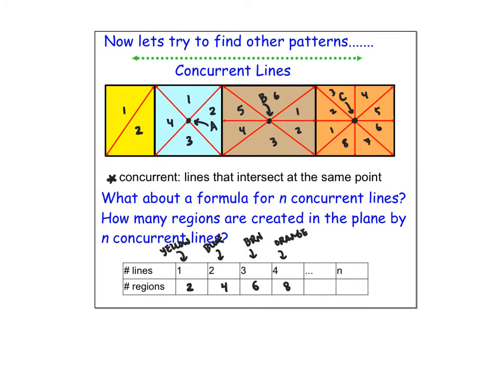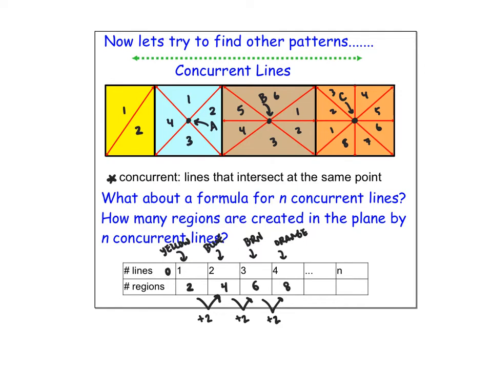Okay, now notice the pattern here. This is a linear pattern. And each time we create 2 more regions. When this common difference is the same, we know that our function rule will be linear.